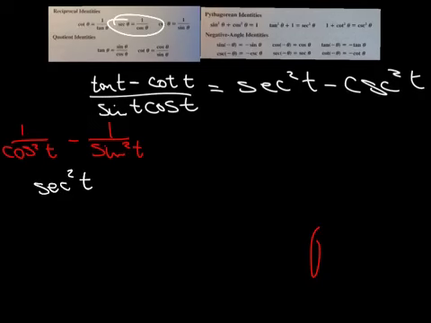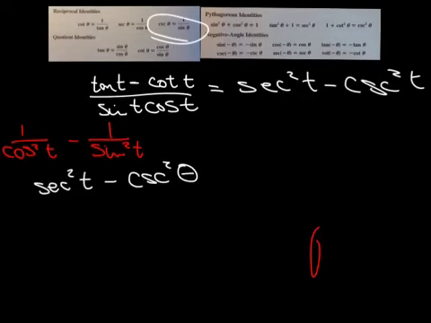What do we know about 1 over sine squared? It equals the cosecant squared. So minus cosecant squared of t. Alright, so holy smokes, look at that. That equals what we're looking for. So I just verified that that works.